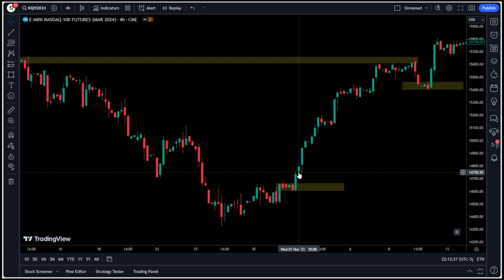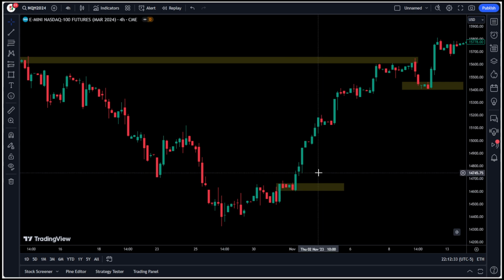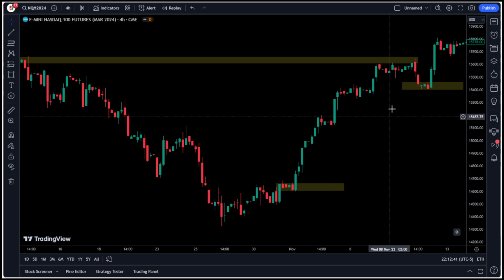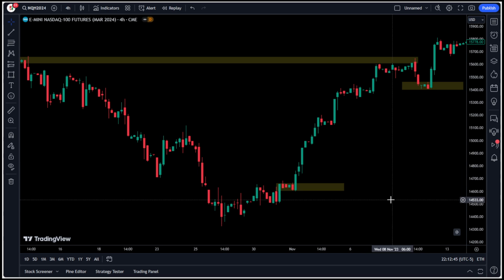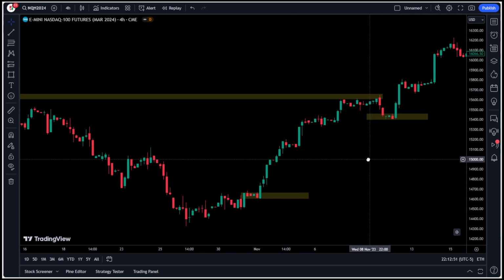At the close of this candle, you can see that there is a fair value gap. Price didn't even reach the fair value gap, representing that price tends to move up very strongly. Price doesn't want to get back. That's why this block hasn't been tested yet.